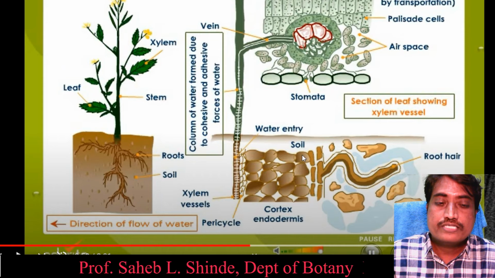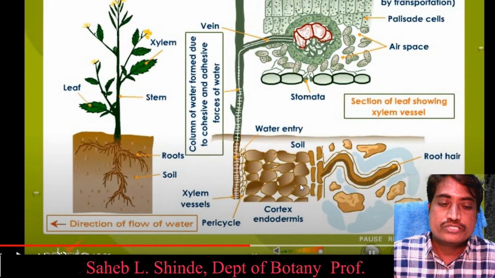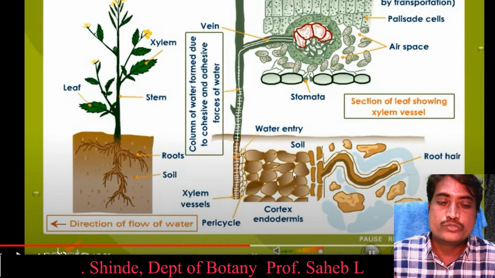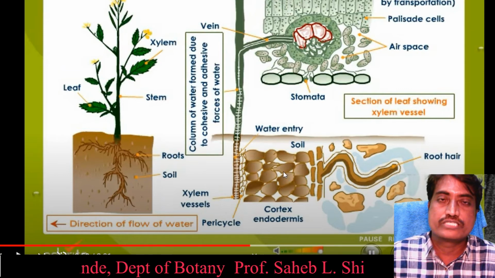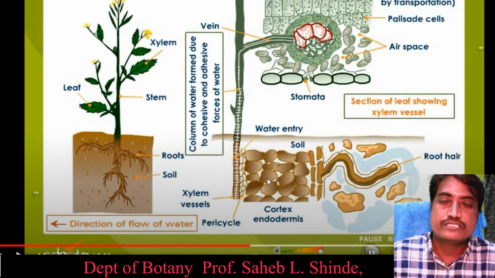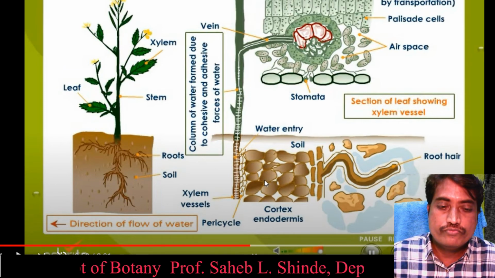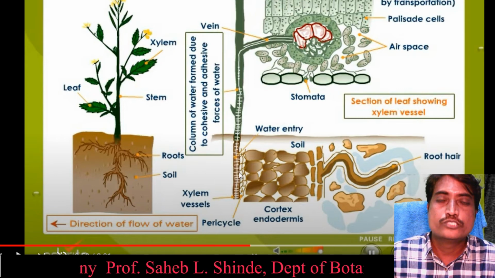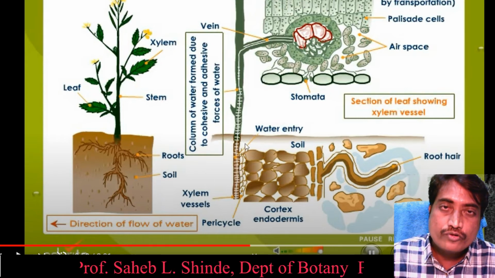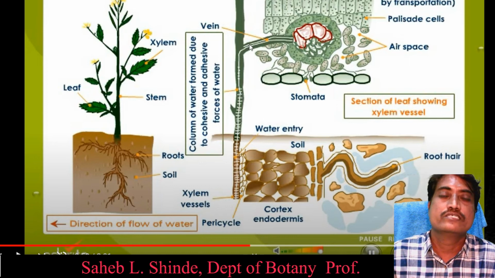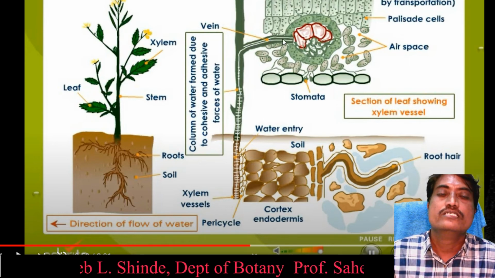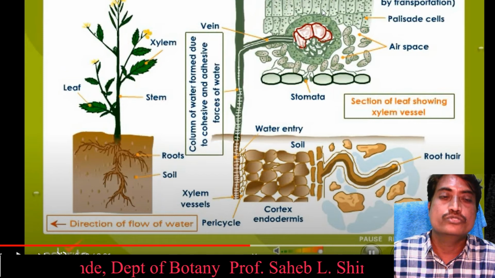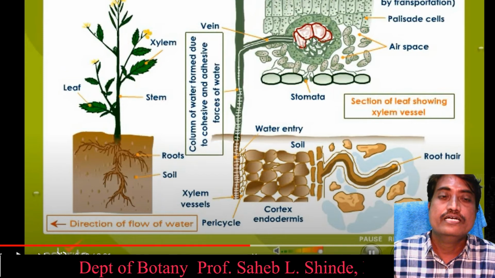From the upper side of the cortical tissues, that water is sent to other inner cells. From cell to cell, movement of water occurs continuously, and finally it enters into the xylem of the root. From the xylem of the root, the water enters the xylem of the stem, and from the xylem of the stem the water is sent to the xylem of the petiole, and finally to the xylem of the leaves.